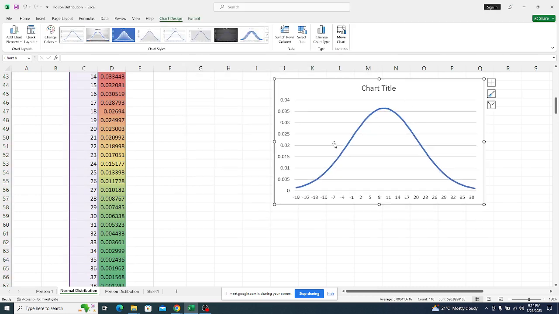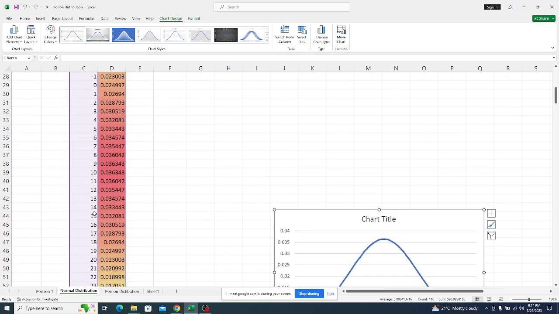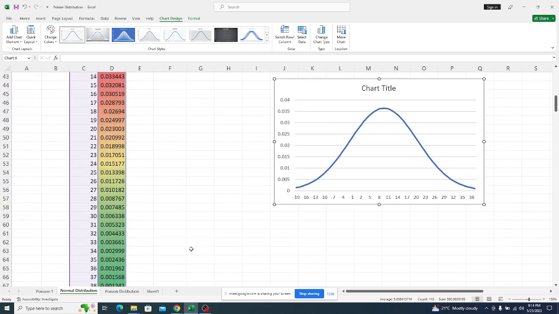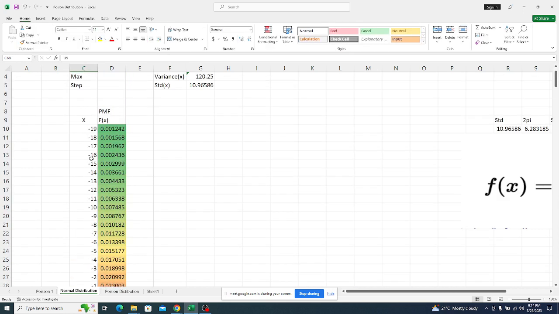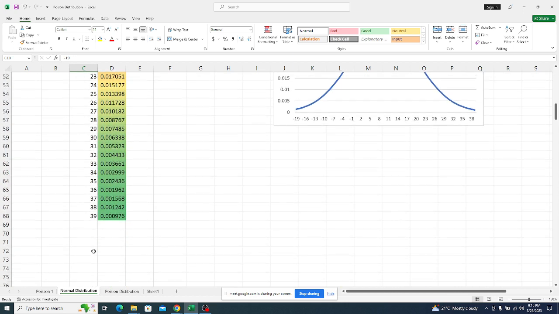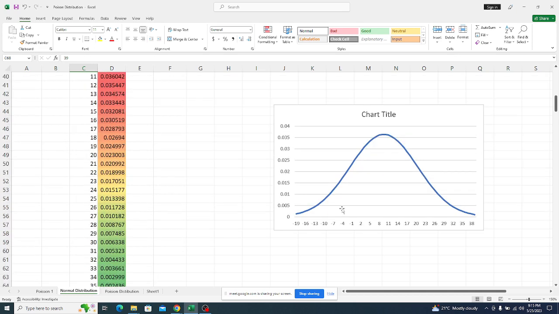So you can see as we are increasing the range, remember the range is the difference between the smallest and the maximum, the minimum, the greater the range, the better the normal distribution we are getting.